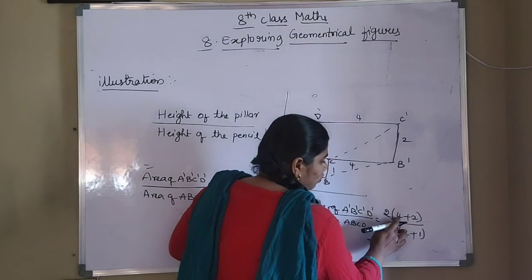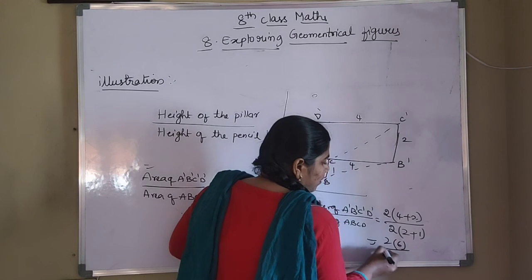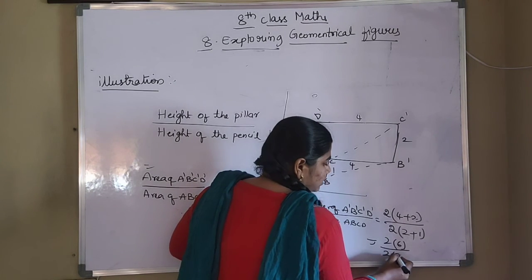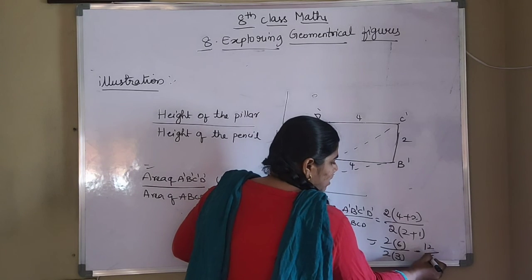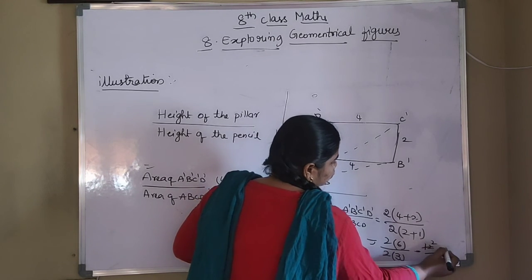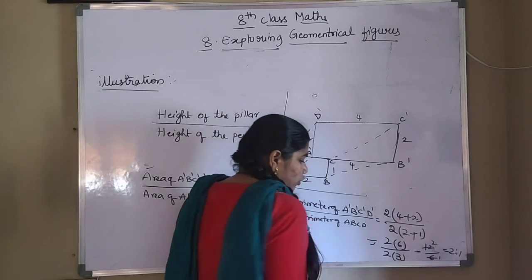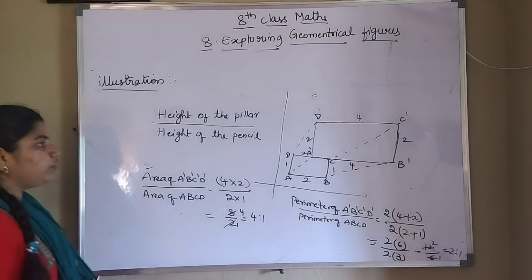So 2 into 6 by 2 into 3. 2 6s are 12 by 2 3s are 6. 6 2s are 12. So what is the ratio here? 2 is to 1. This is how you will do this.